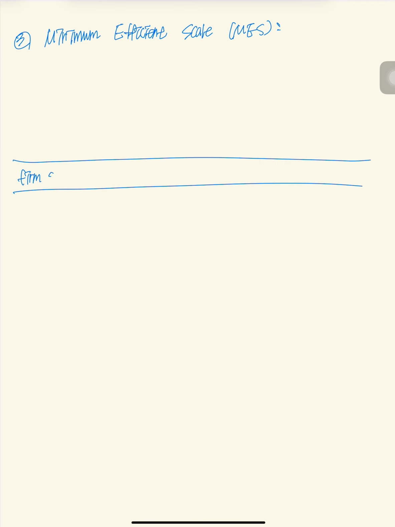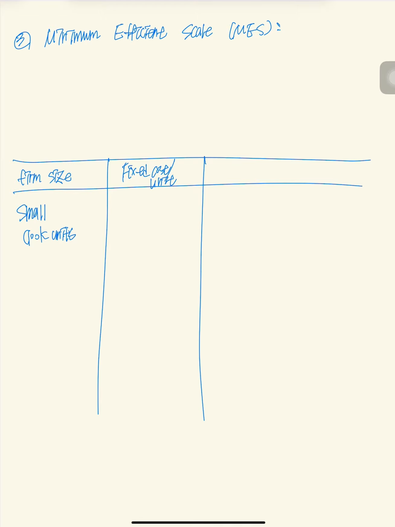I'll keep the font size small. First row: 100K units. The next column is the fixed cost per unit, and the next column is the variable cost.